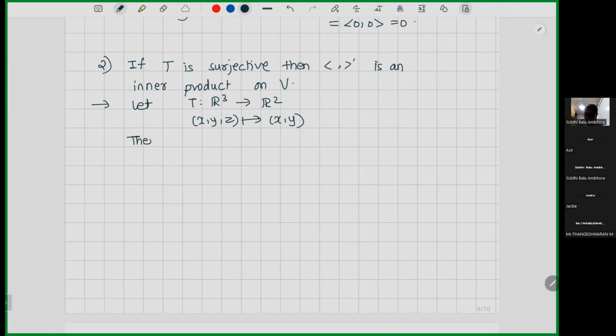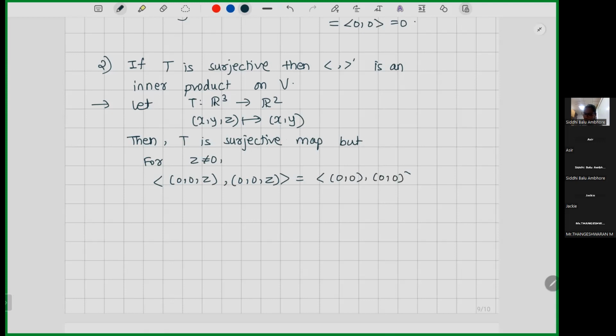Then T is a surjective map, but for z non-zero, this element (0, 0, z) will be what? T of x is (x, y), so it is (0, 0). This becomes 0.